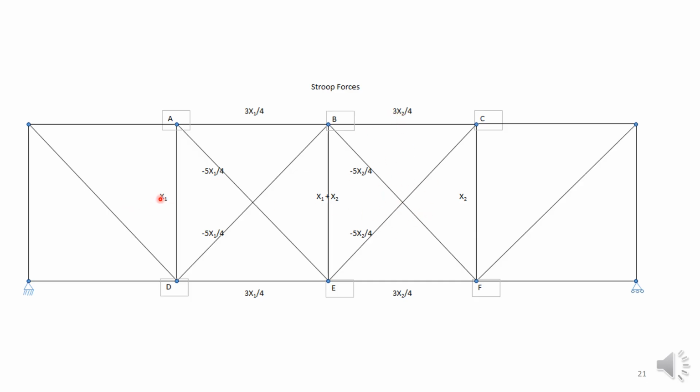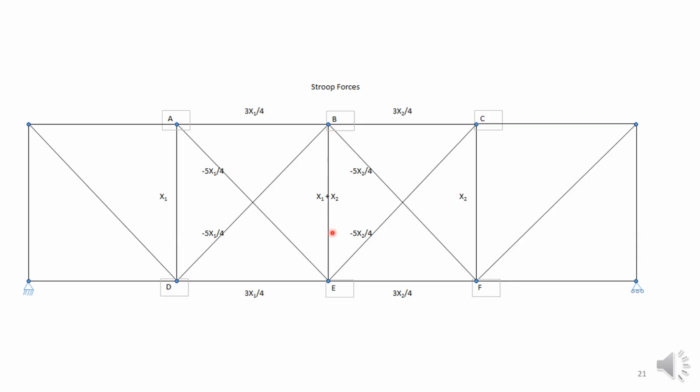So for this left hand Stroop, the Stroop forces will be x1, x1, 3x1 over 4, 3x1 over 4, minus 5x1 over 4, minus 5x1 over 4 on the diagonals. You can refer back to the slide on Stroop forces and see how I got this. It's based on the ratio of the vertical to horizontal in the diagonal members. Similarly on this side.